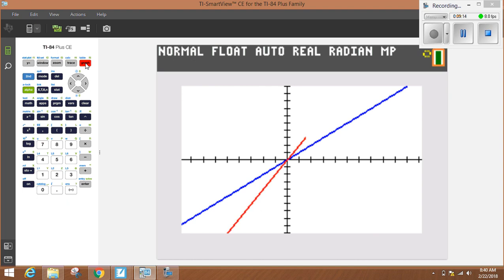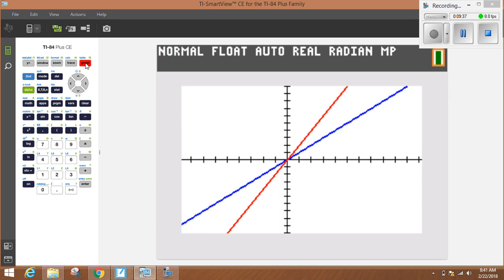One should be steeper than the other, right? It makes the graph steeper. It increases the rate of change, so it makes it increase faster. If our change is an increase, it's going to make the increase go faster. If our change is a decrease, it's going to make it decrease faster if we put a coefficient in.